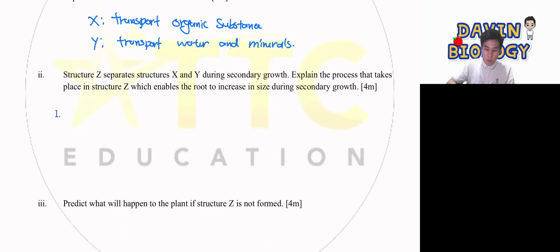But they want 4 marks, so could I explain more detail? So number one, mitosis is 1 mark already.